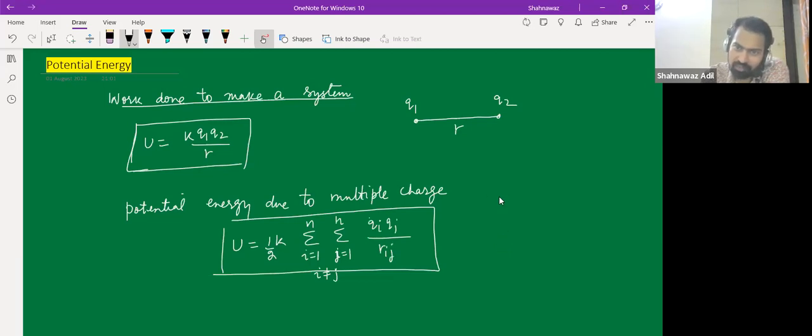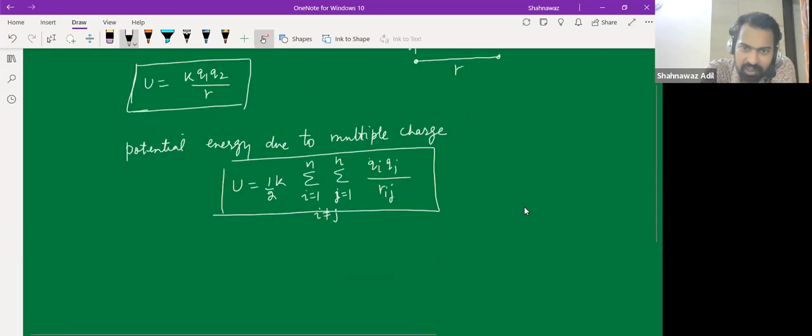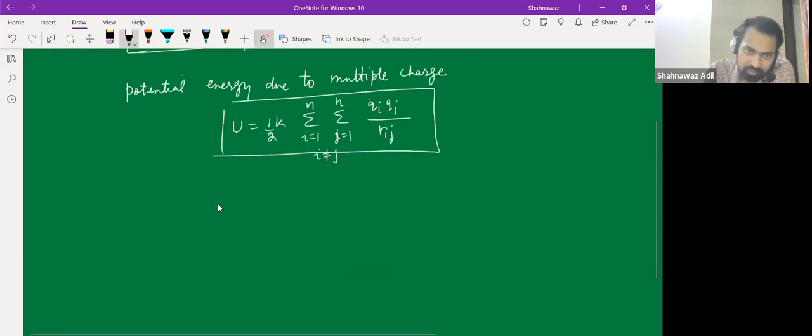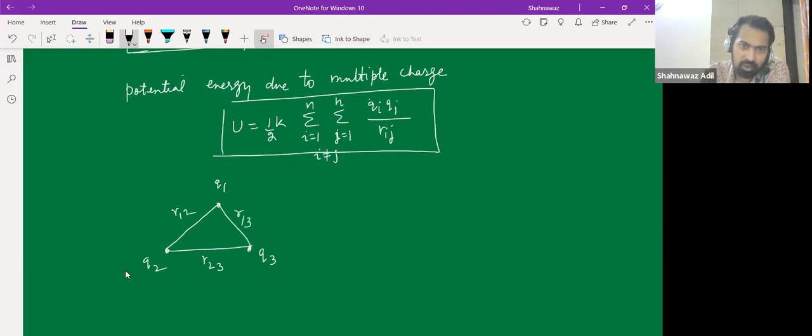If I have three charges, let's say this is Q1, this is Q2, this is Q3, and this is R12, this is R23, and this is R13. What would be the potential energy? Remember, this is the work done to make this system.